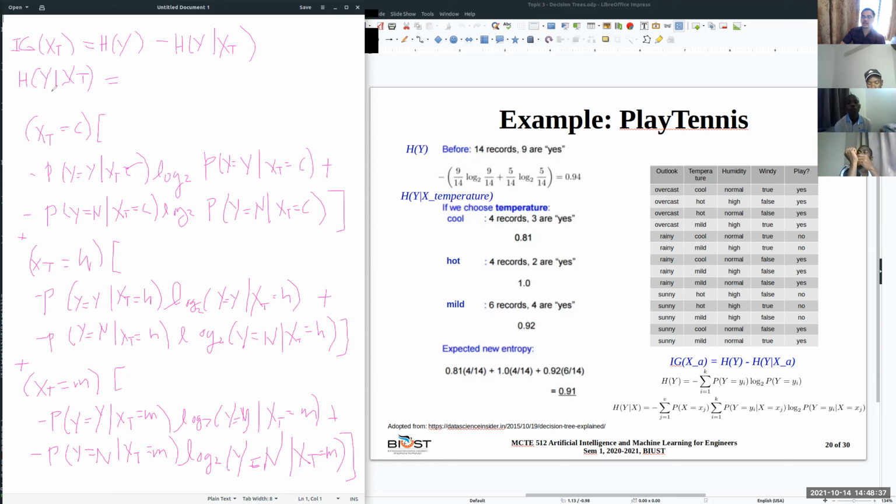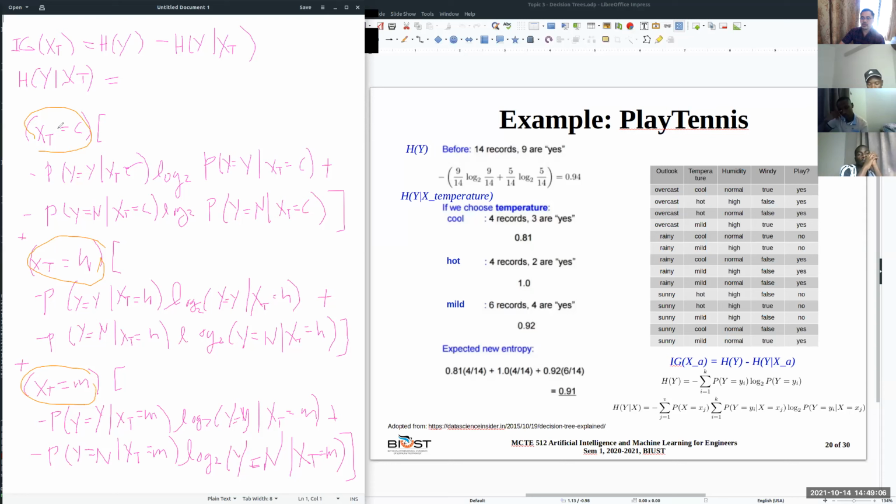So that is the entire equation of the relative entropy of the output y given your x being temperature, of the attribute temperature. So now let's go. Here you see these are absolute entropies. So these are easy. So you count.